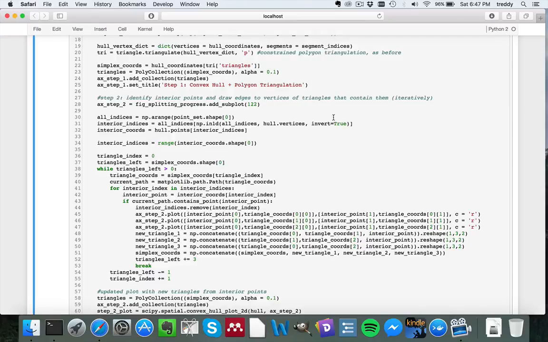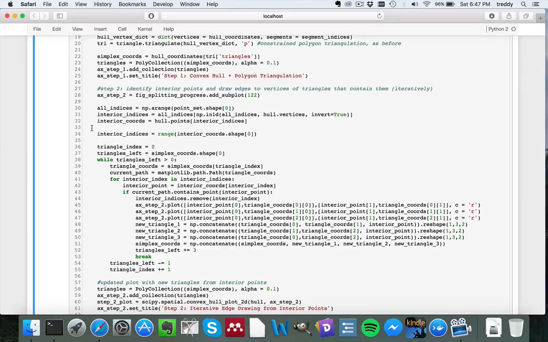So with inversion set to true, anything that's not on the convex hull is an interior point, because those are all contained within the convex polygon that surrounds the internal data points.